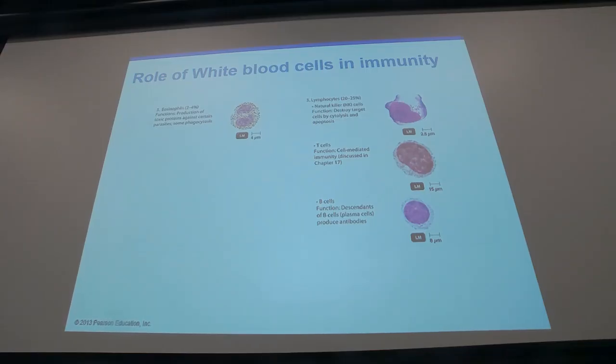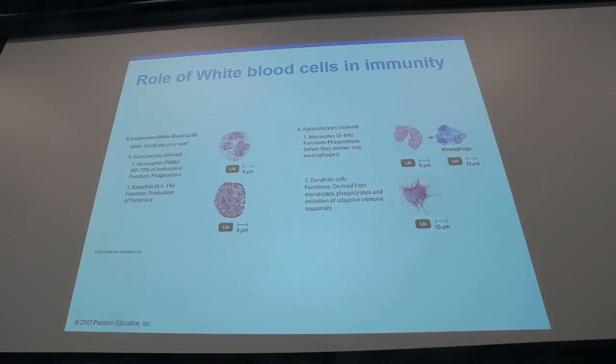And now, the next abundant white blood cell will be eosinophils. Or sorry, monocytes. Sorry, let's go back. So it will be monocytes. Monocytes make between 3 to 8% of leukocytes.